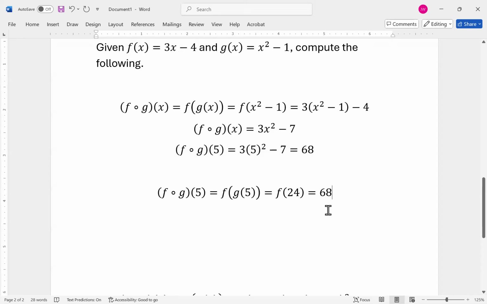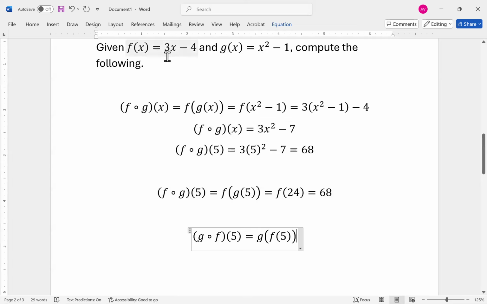Now, if I did the reverse way, I shouldn't have erased that one. I tried to do that on purpose. If I did it the reverse way, I would first plug in 5 into my function f. If I plugged in 5 into f, I'd get 3 times 5 minus 4. That's 15 minus 4, which is 11. So f of 5 gives me an 11.